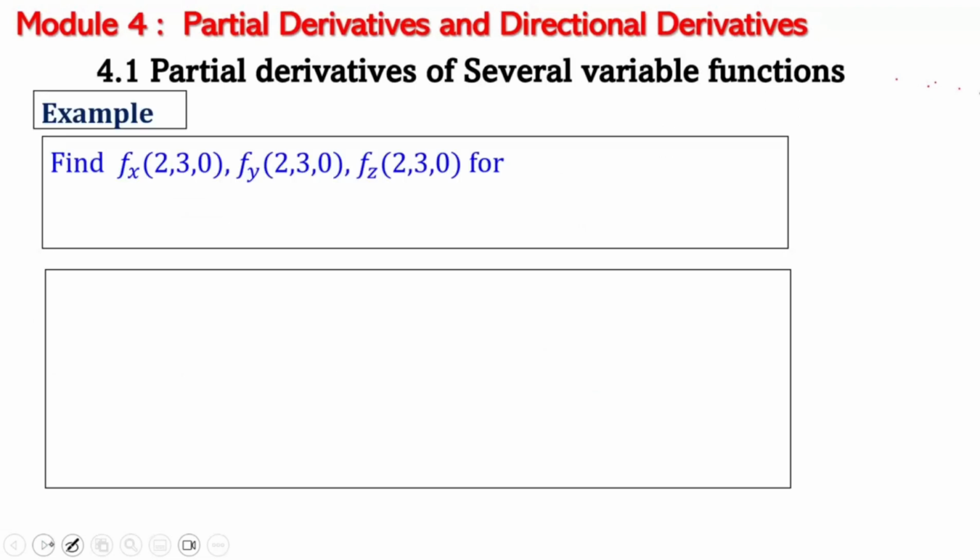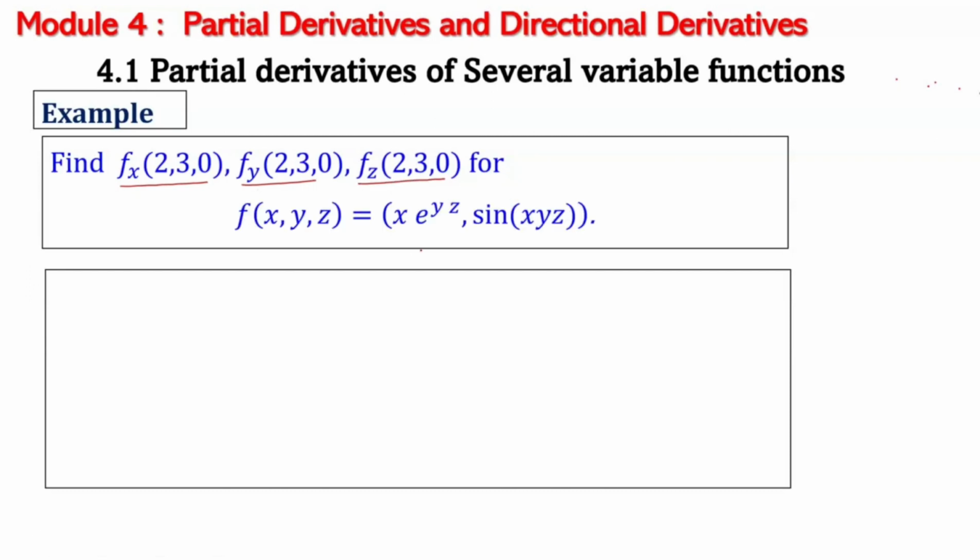Now with this we have an example: find the partial derivatives of f at (2, 3, 0) with respect to x, with respect to y, and with respect to z, where f of (x, y, z) is this function. This is an easy function, you can solve it directly, but here I will give you one technique to solve it and convert it to an ordinary derivative.